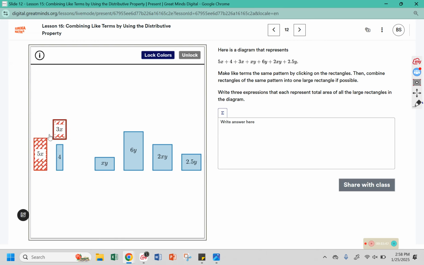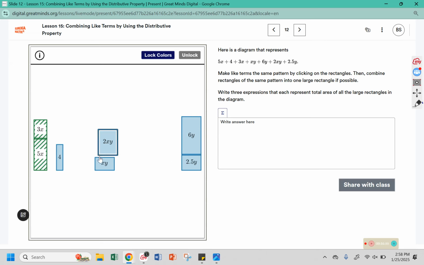So make all the x pieces match. Make the ones with the y's match. This one has an xy, so we can make those match.